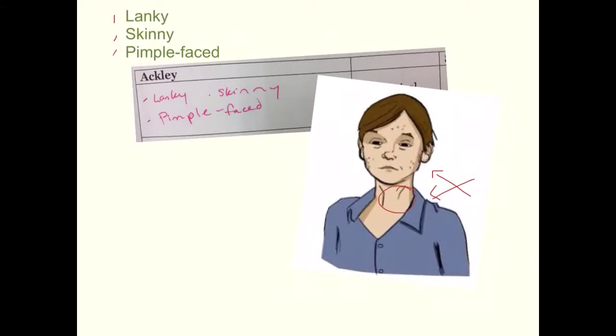You also see that his shoulders are bony as well. This is a fairly accurate representation of what Ackley probably looks like. While you're getting down those three pieces of information about Ackley, I want you to pause this video and then we'll talk about Stradlater.